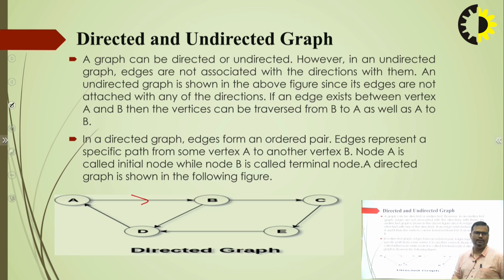In a directed graph, edges form an ordered pair. Edges represent a specific path from some vertex A to another vertex B. Node A is called the initial node, while node B is called the terminal node. A directed graph is shown in this type of figure. This is the directed graph.